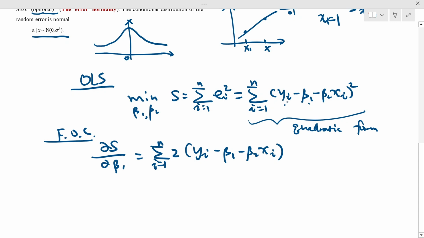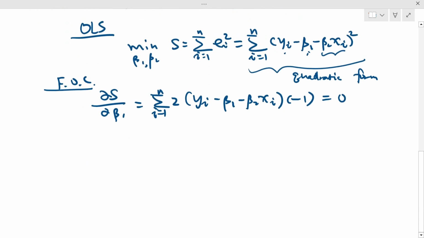This term does not have beta 1, yi does not depend on beta 1, and x, there's no beta 1 here, so they'll disappear if we differentiate. By the way, here I'm going to assume that you are comfortable with the calculus. Okay, so there's beta 1 here. Differentiate beta 1 with respect to beta 1, we get negative 1. And set the derivative to 0. So that's the first one.